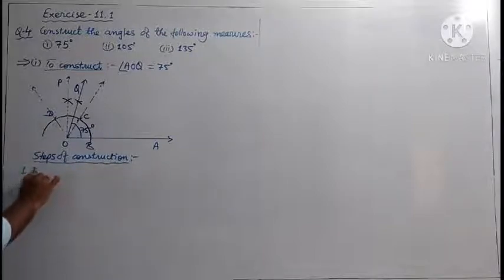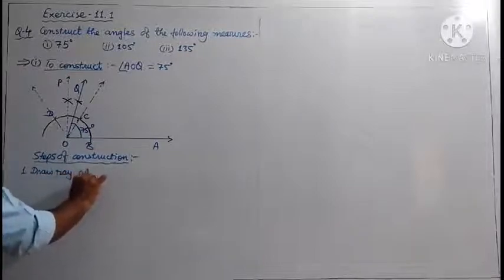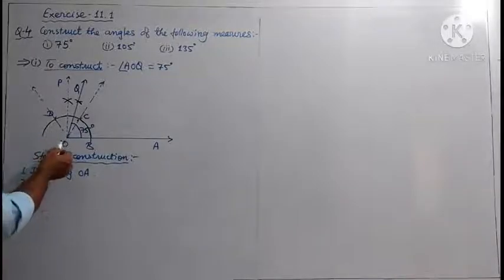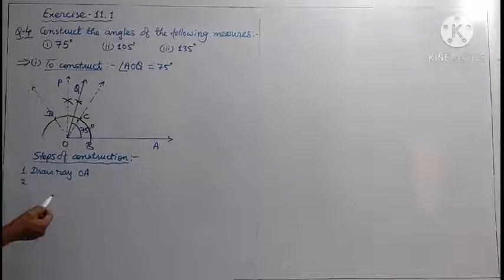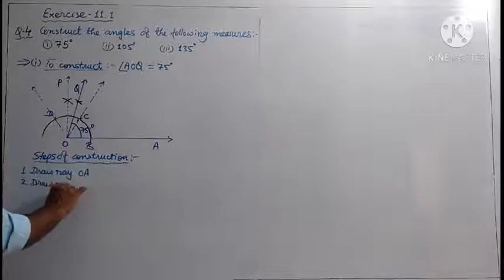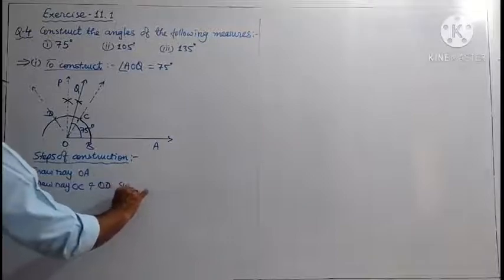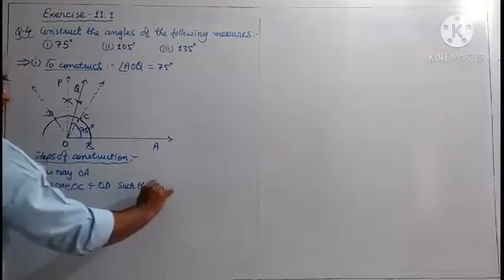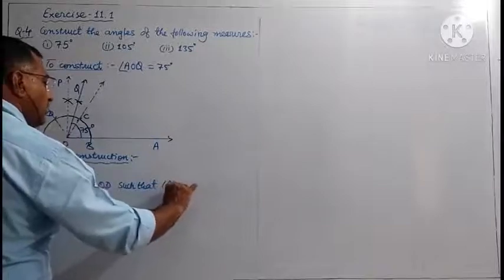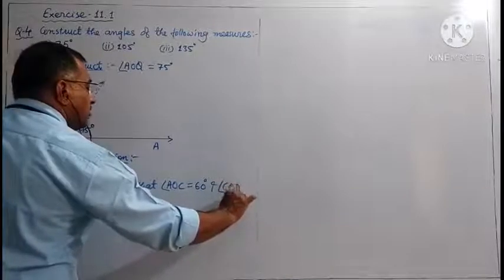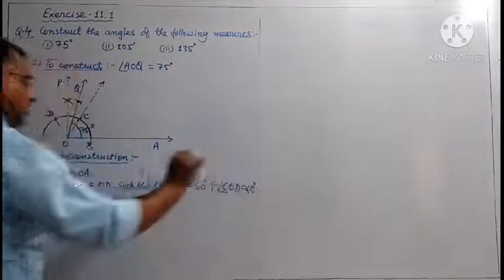First of all, ray OA is drawn. Then draw rays OC and OD such that angle AOC is equal to 60 degree and angle COD is equal to 60 degree.